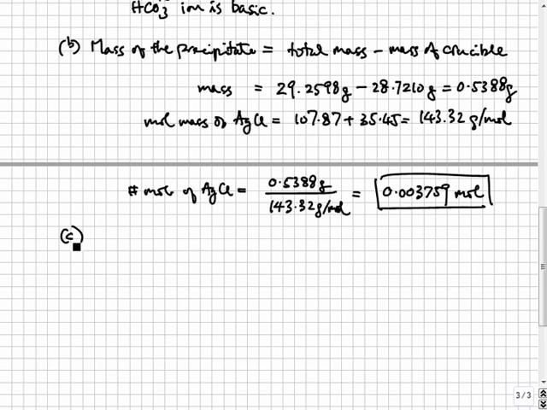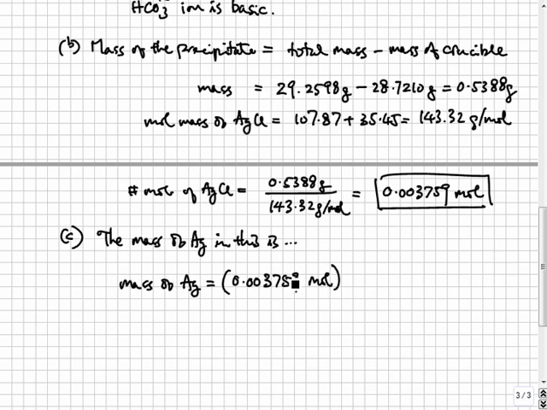So we have the number of moles of AgCl, but the alloy only contains silver and another metal. So what we need to do is to take the number of moles of the AgCl and find out what is the mass of the Ag alone. Of course, the mass of the silver is just equal to the number of moles we just calculated, multiplied by the molar mass of silver alone, and that comes out to be equal to 0.4055 gram.